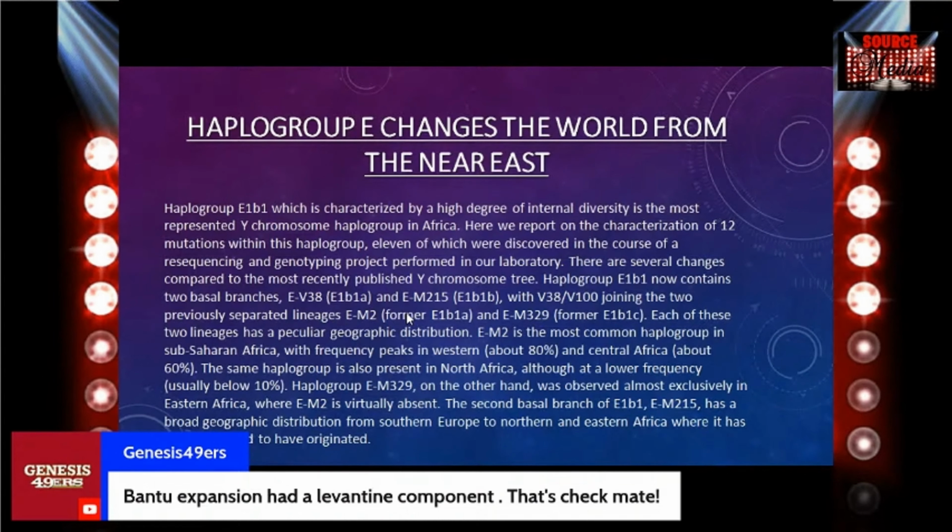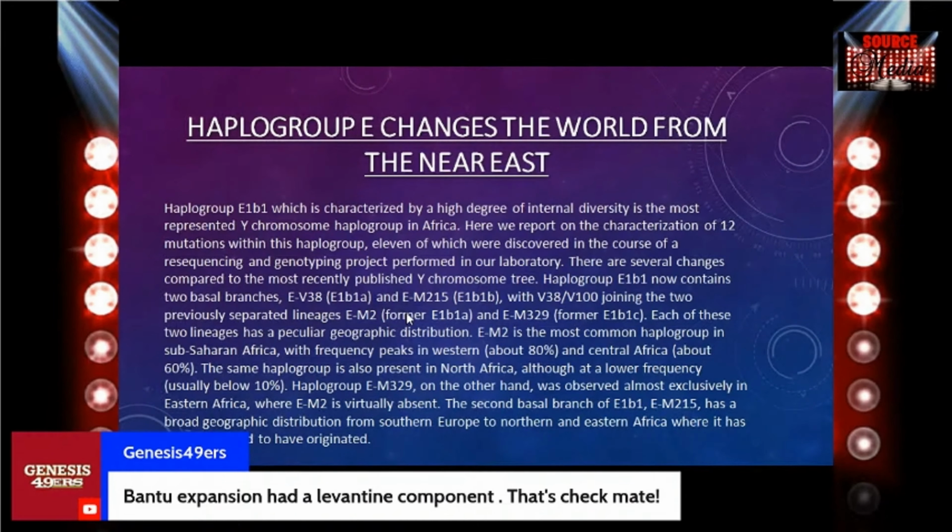Haplogroup E1B1 now contains 2 basal branches, EV38 and EM215, with EV38 and EV100 joining the 2 previously separated lineages EM2 and EM329.